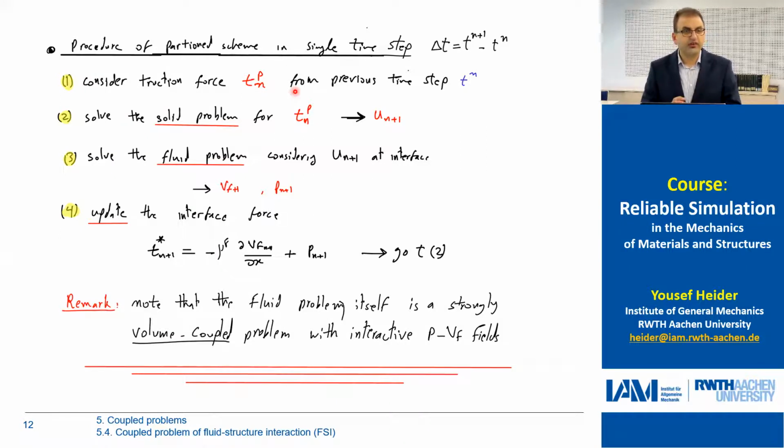This is, as I said, a surface coupled problem, but the fluid problem itself is a strongly volume coupled problem. So it's like a double coupling in this consideration, and that's why fluid dynamics or computational fluid dynamics problems are still challenging.